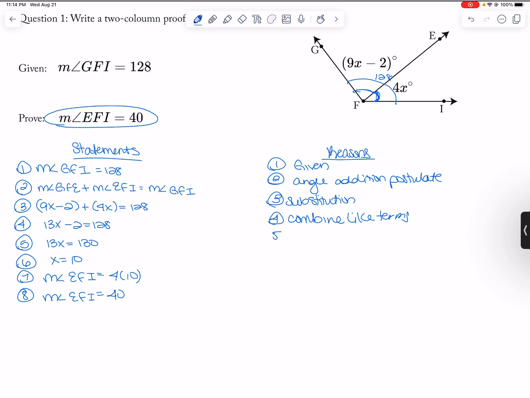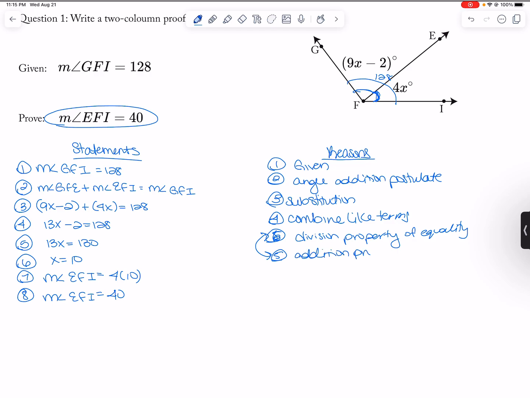And then 5 is division property of equality, because there's an equal sign. Oh, I lied. We'll call this 6. 5 is addition property.